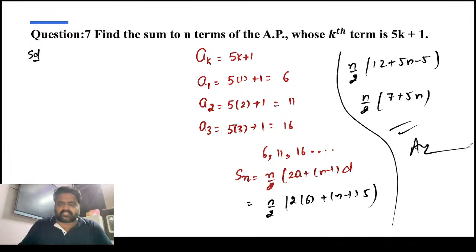In this, the kth term is given. By the kth term we can calculate the first term, second term and third term. If we get the first, second and third terms, it is an AP, and we can put the values in the formula and get the result.